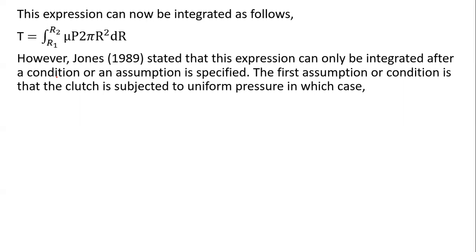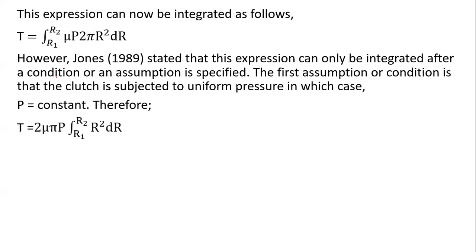It's not worn out. For a worn out clutch, that's where we use the condition of uniform wear. So p is constant. Then we start the integration. In our integration, you'll notice already that we have R2 and R1. And when you integrate this, it becomes r raised to power 3.